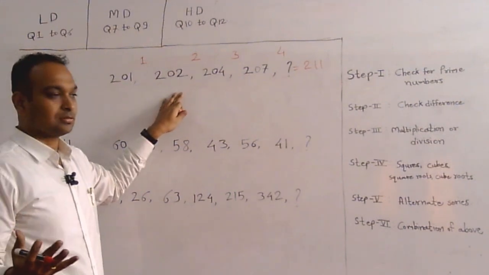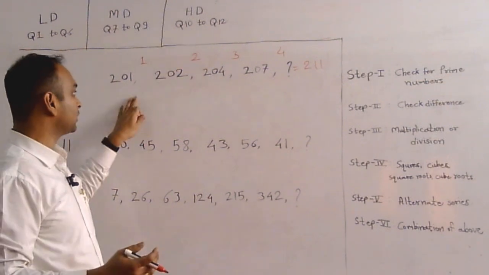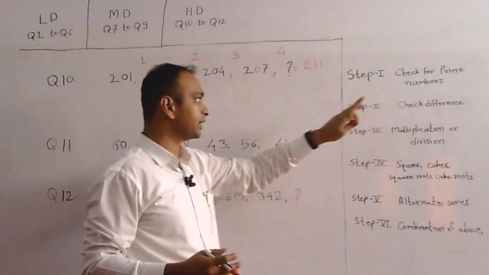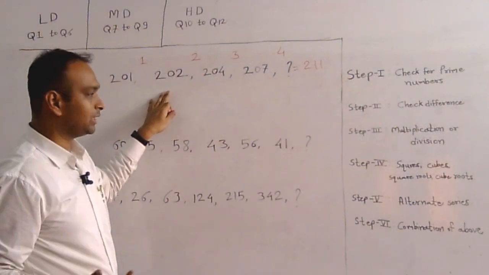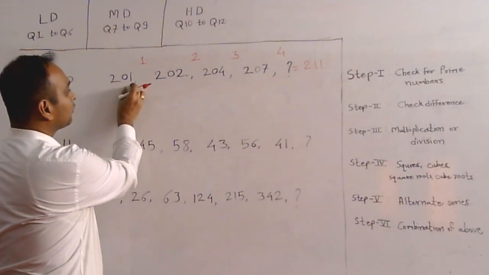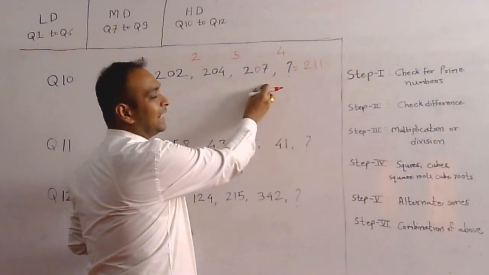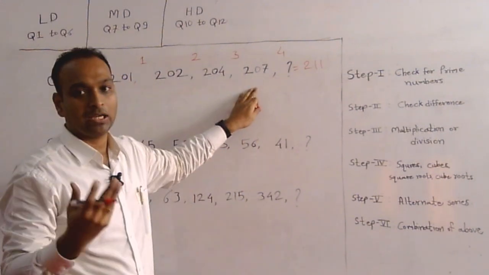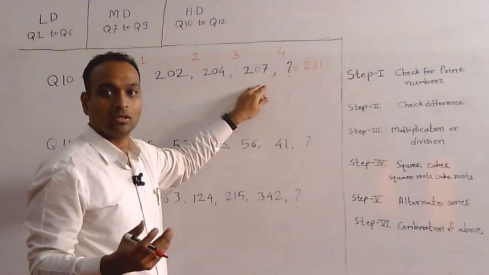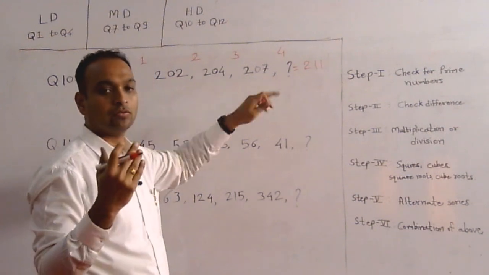Now you might think that why this question number 10 is from high difficulty level, because when you are not solving this by difference method, and if you are trying it randomly or directly by looking at the numbers, 201, double of 1 is 2, double of 2 is 4, and double of 4 must be 8, right? That way our brain works actually. But if you're trying by that way, you will never get any solution, because here it is 7 and you will get confused.